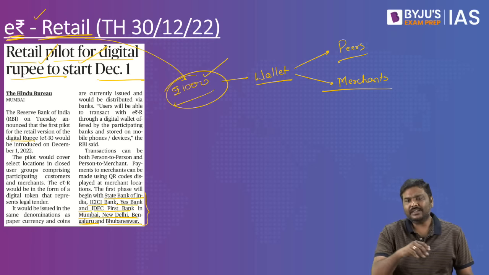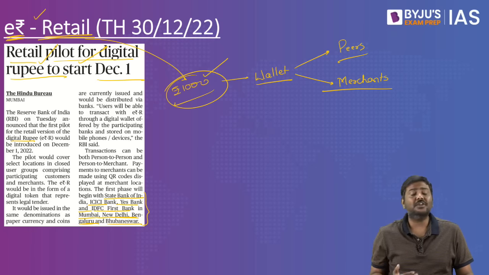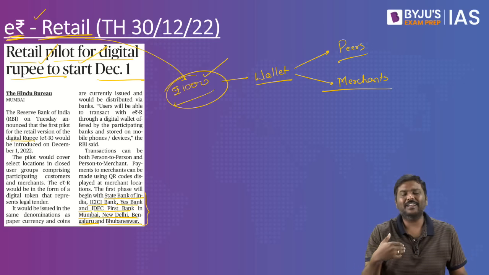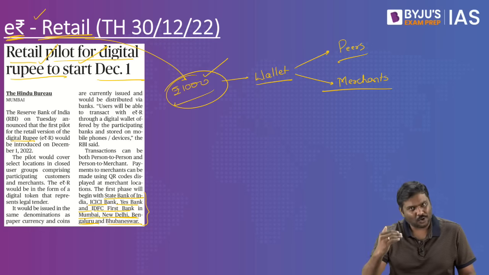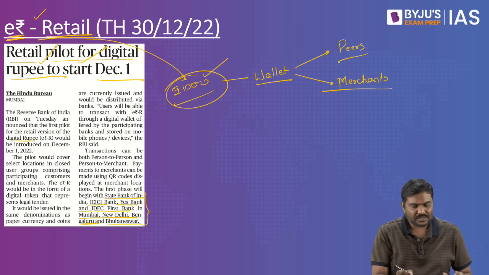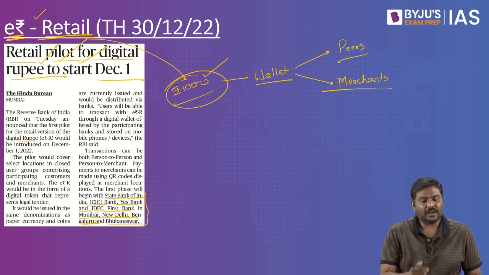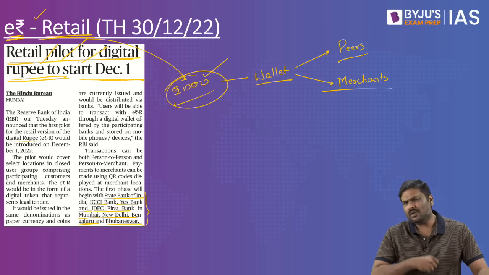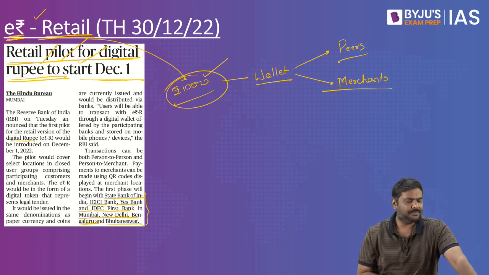Now rather than that, if I shift to a digital version of the currencies, then the cost of printing, cost of management of the currencies automatically will come down. So these are some of the very important points, citing which the Reserve Bank of India has launched the retail project of digital rupee, which has already started from 1st of December.